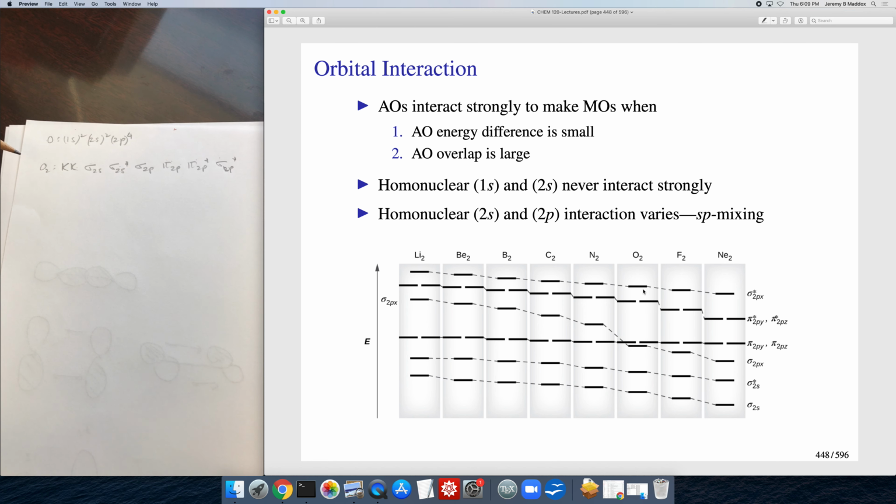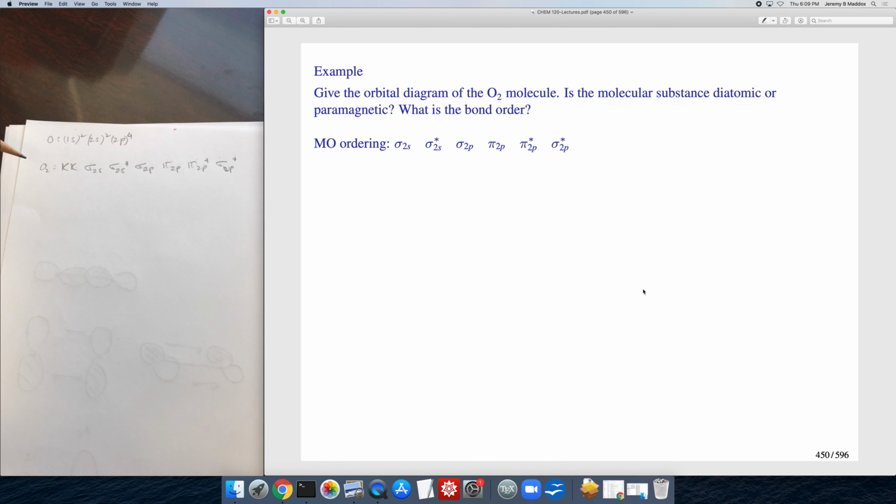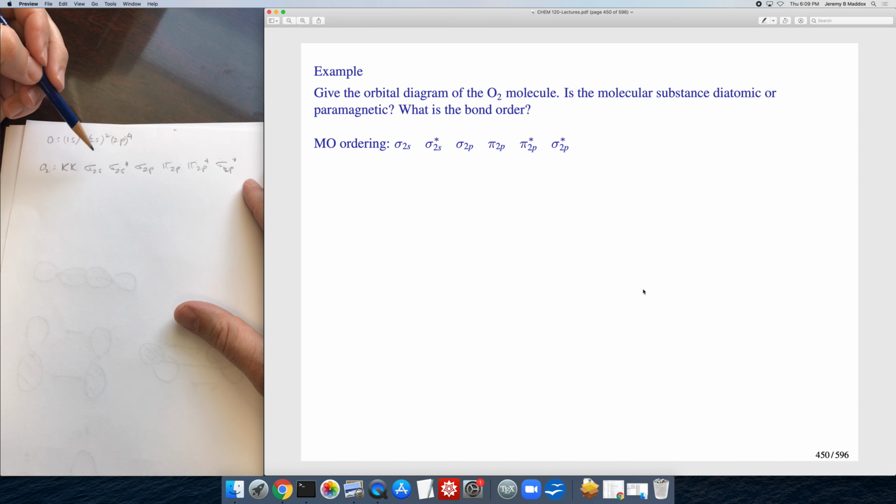How many electrons do we have in this problem? The K and the K take care of 4 of the electrons. What we're dealing with now are the valence electrons. Each oxygen contributes 6 electrons, so there's a total of 12 electrons that need to go into this molecule.